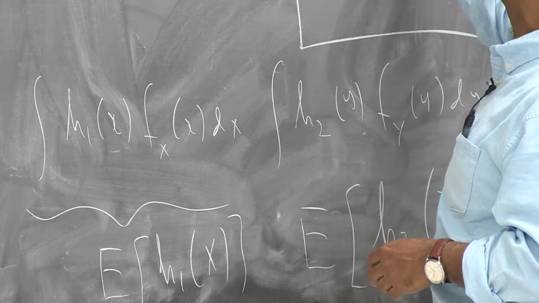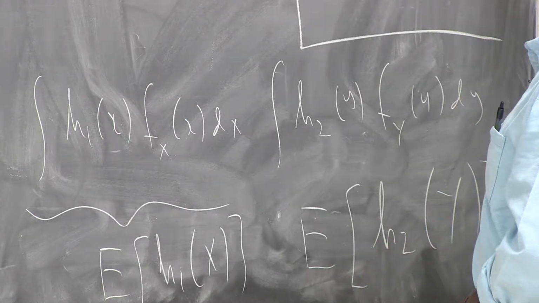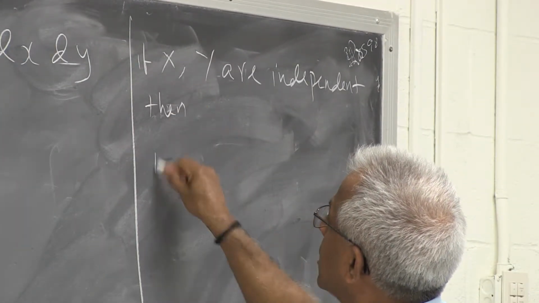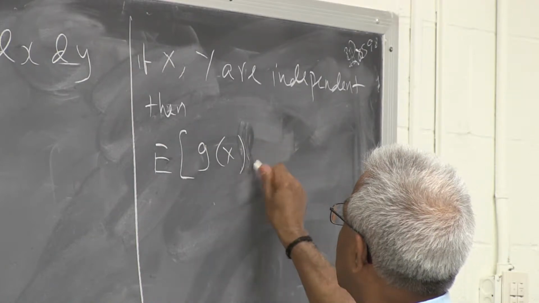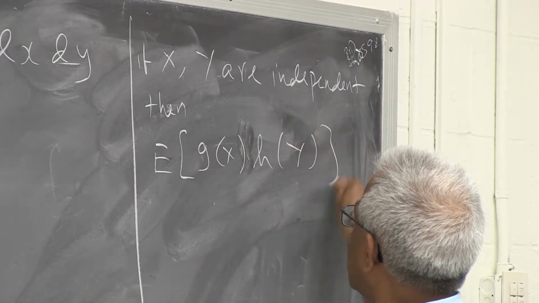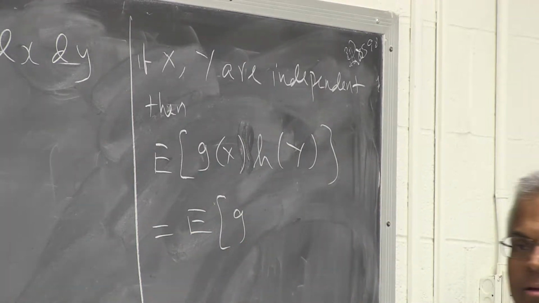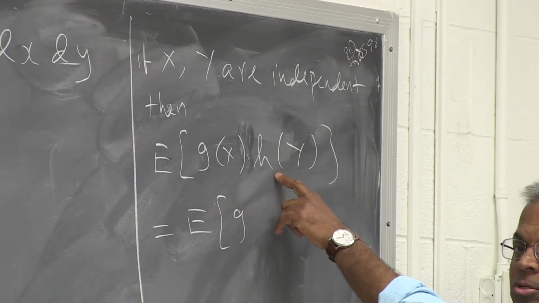If x, y are independent, then expected value of gx multiplied by hy is the same as expected value of what? Anyone? We just wrote it here. So this is h1, this is h2.